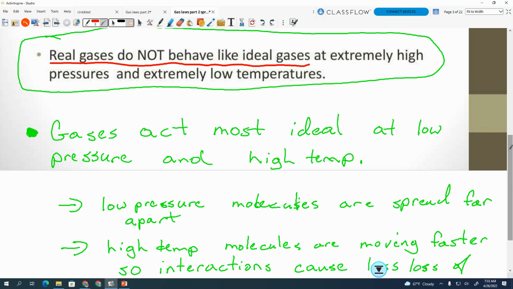So they're not going to slow each other down. And then at low pressure, they're far enough apart that the intermolecular forces aren't going to interact there as well. So you kind of overcome the two things that hang it up from being an ideal gas when you increase the temperature and decrease the pressure.